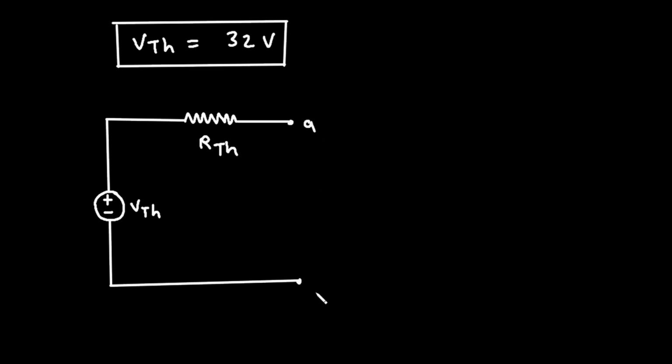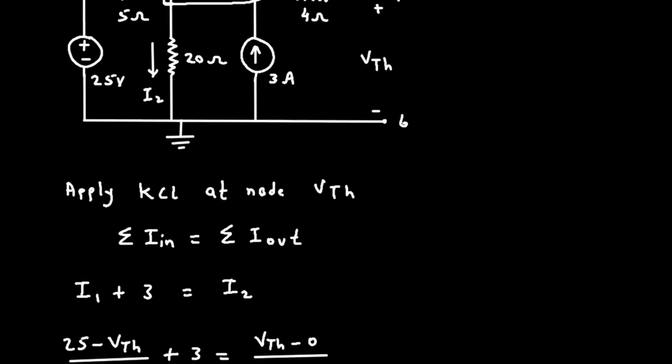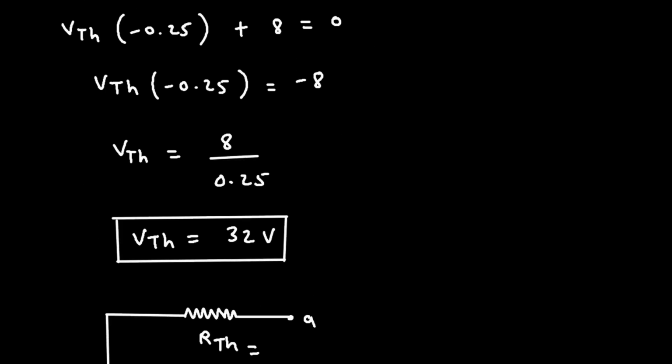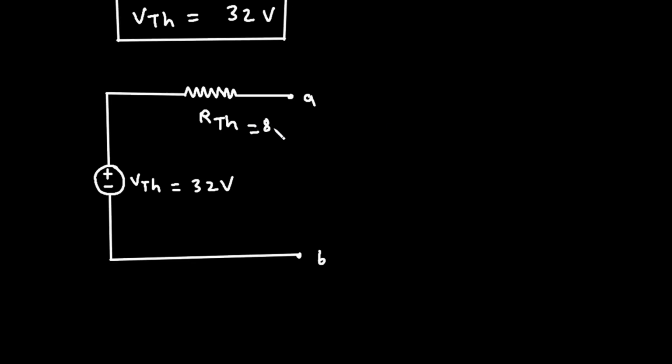This will be terminal A and this will be terminal B. So VTH is equal to 32 volt and RTH is equal to 8 ohm. And this will be load resistor RL, which is absent here.